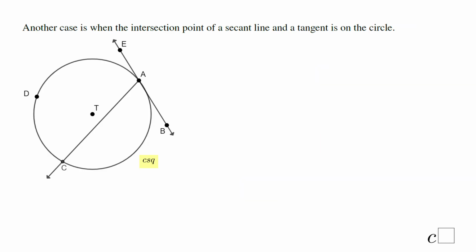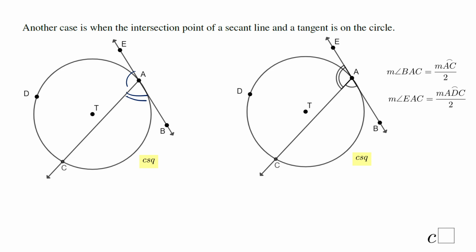You notice here I have another situation where a tangent and a secant intersect right there at point A, and we get two angles. We get this angle and this angle. We also have a theorem that will help us find these angles.